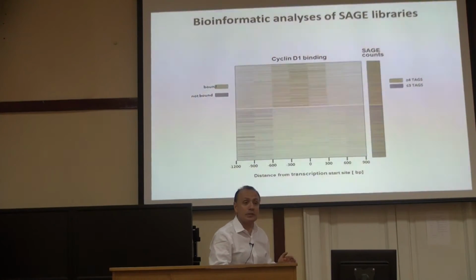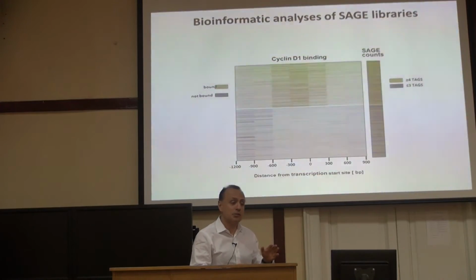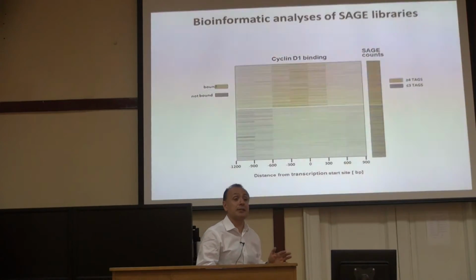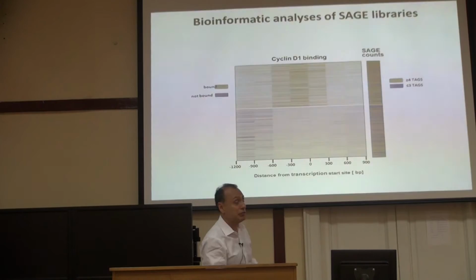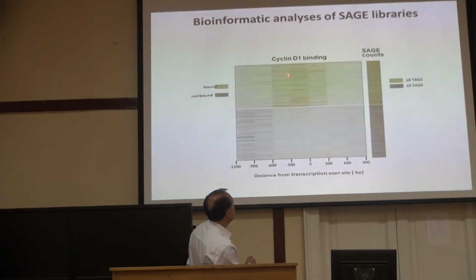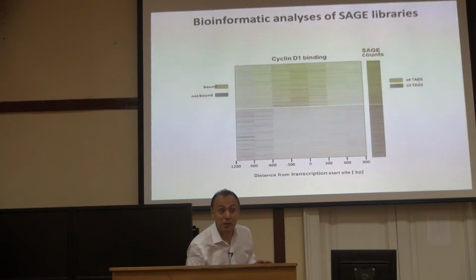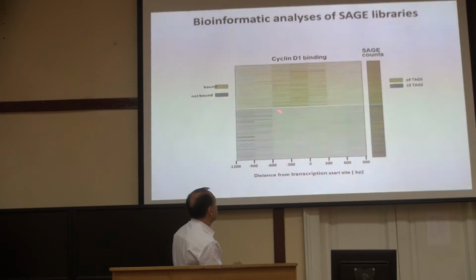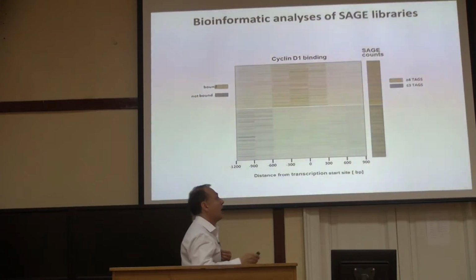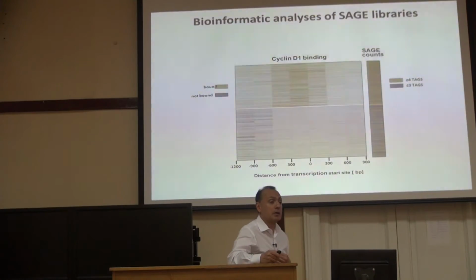Of course, we did some statistical analysis, but even visually, and I'm sorry the color does not project well, you can see that the genes bound by cyclin D1 are more likely to have a yellow number of tags, meaning they are highly expressed. The genes that are definitely not bound by cyclin D1 are more likely to be blue genes, and therefore not well expressed.